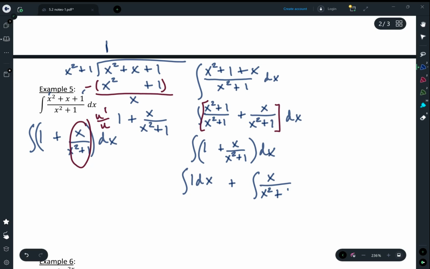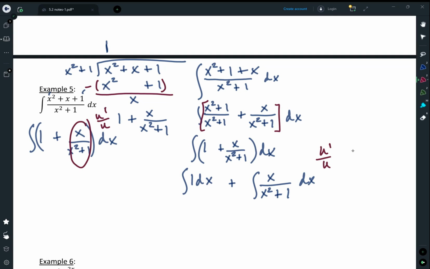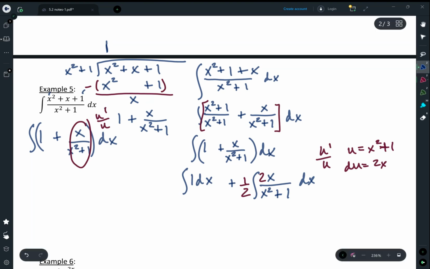On my second integral, I want to make sure it's set up for that u prime over u integration. So if my denominator, my u, is x squared plus 1, then my derivative of u, my du, would be a 2x. So I would need to have a 2 here and also a 1/2. So now I'm all set up to integrate.